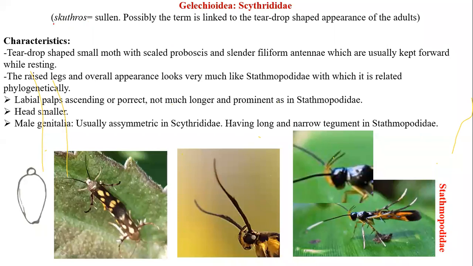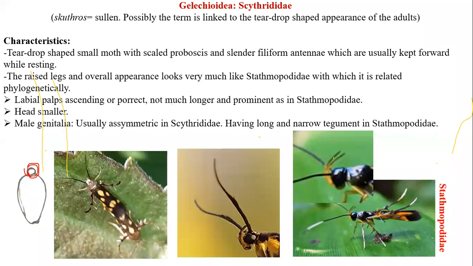The family name has been derived from the Latin word scuthros, which means sullen. It is possibly because the term is linked to the teardrop-shaped appearance of the adults. You are seeing here an illustration which gives an insight into their appearance. They often appear teardrop-shaped, as you are seeing here, and their heads are relatively smaller compared to their body.